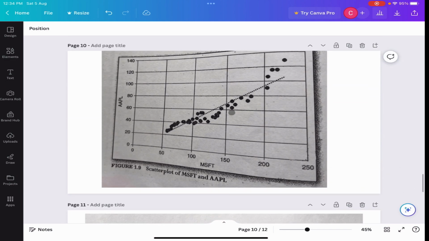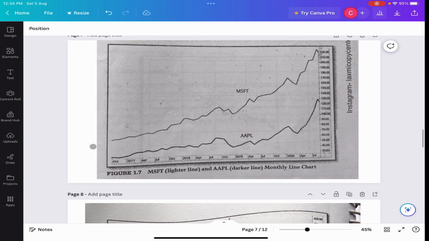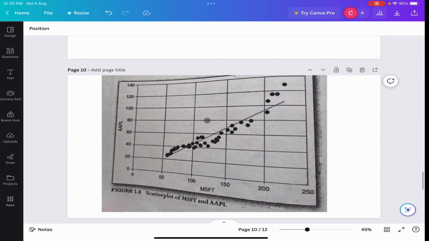So this is the first chart which we saw, that Microsoft and AAPL, Apple, were correlated, right? In this, these dots are plotted in the scatter plot, which are the price of the stocks, right? And the closest related line is plotted between them, which shows the correlation. You can see that the majority of the dots are near this linear line.